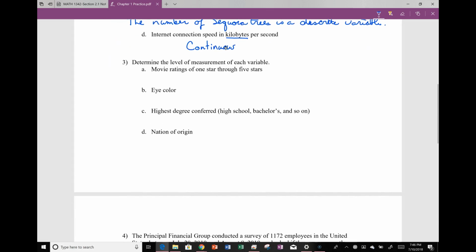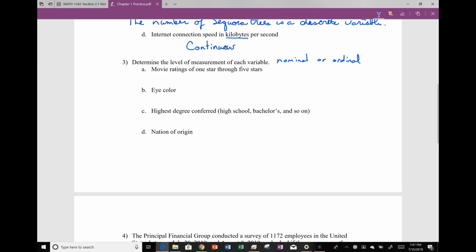Now then, the level of measurement of each variable. When we're talking about levels of measurement, we can talk about discrete or continuous, but in our case here, levels of measurement is going to be nominal or ordinal. Remember that ordinal variables have some type of order, just as it sounds. Ordinal has an order. Nominal does not have that natural order to it.